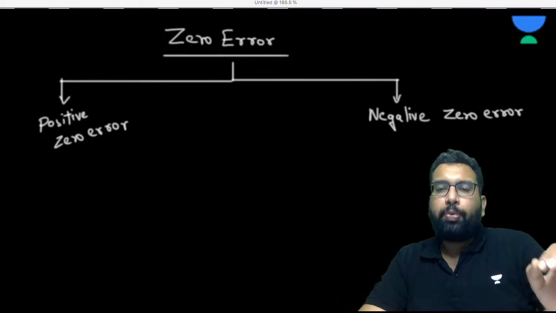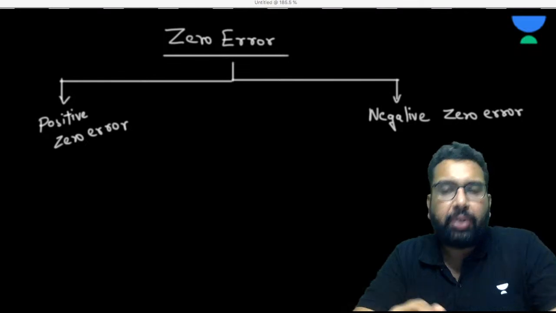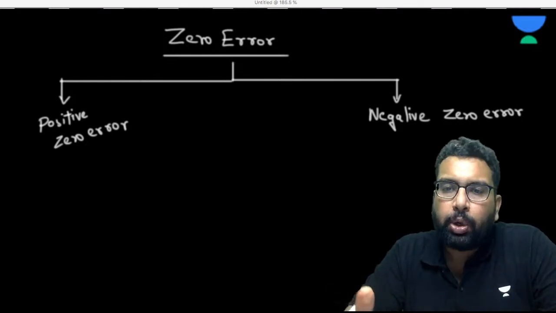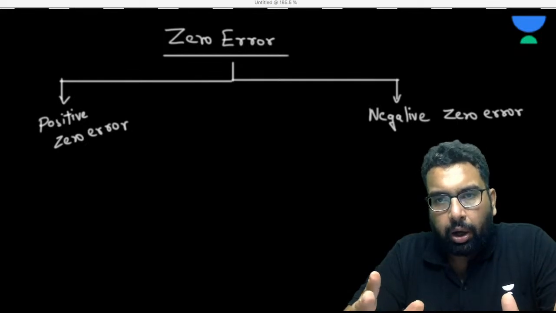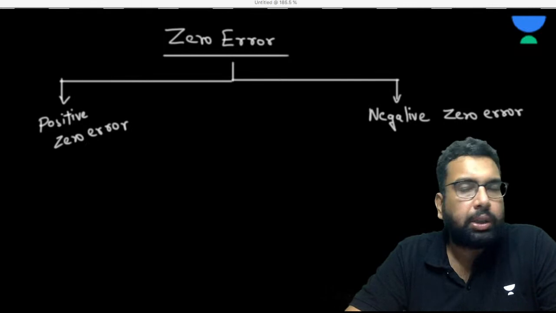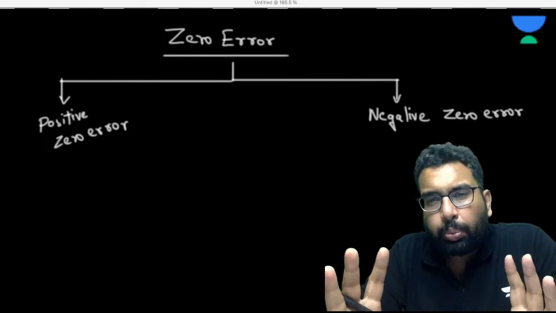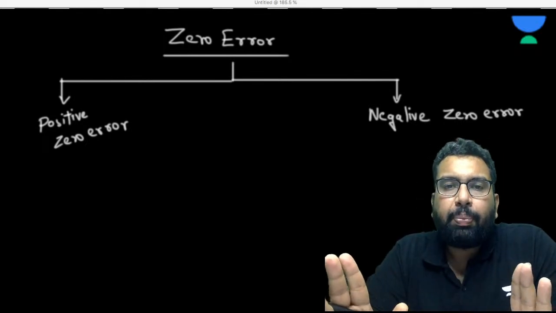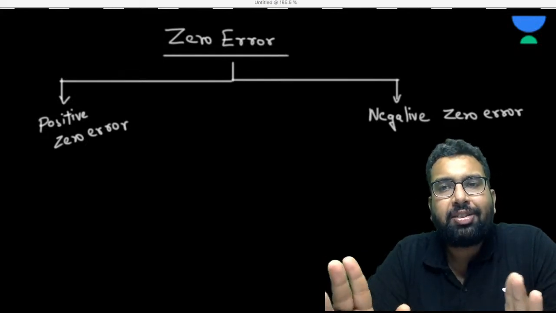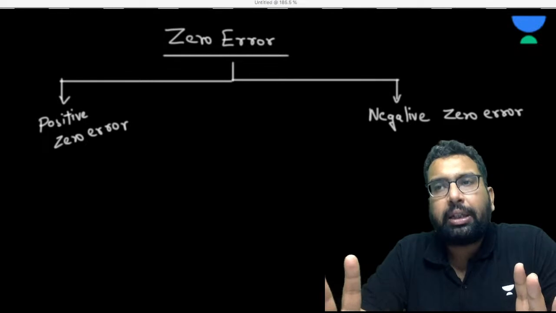Sometimes we use the vernier caliper a lot. It is very frequently used in some laboratories and workshops. So what happens due to the frequent use? In the closed position of a vernier caliper, the zero of the main scale and the zero of the vernier scale shall exactly coincide.